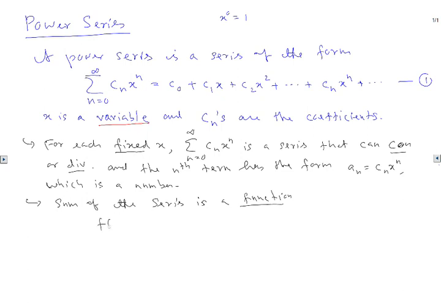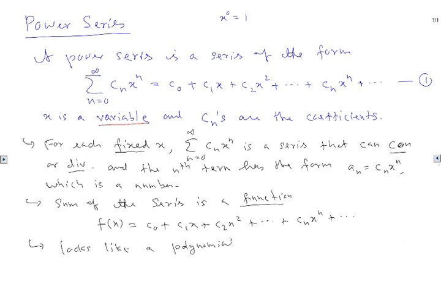So we can write this as f(x). This is just c0, c1 x, c2 x squared, like that. But you can see that this never ends. It's a series, so if you write the general term, it looks like that. It looks like a polynomial, but it's not a polynomial.